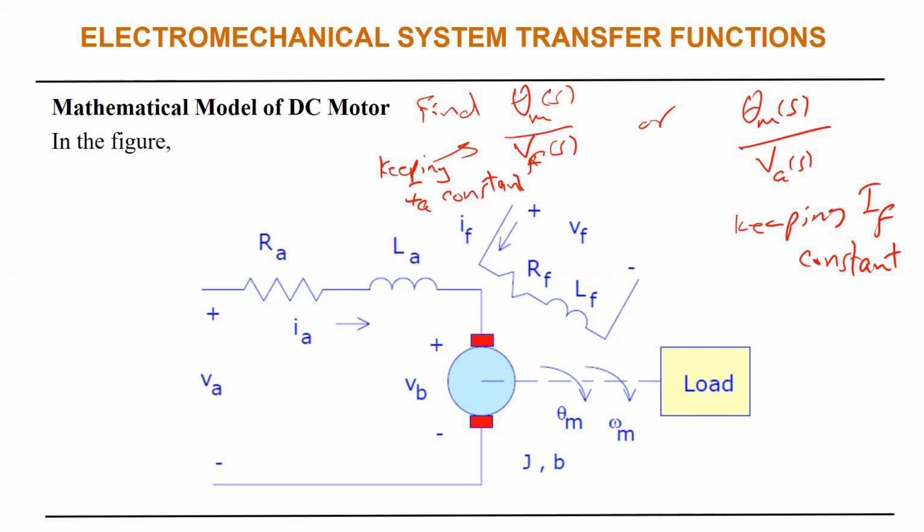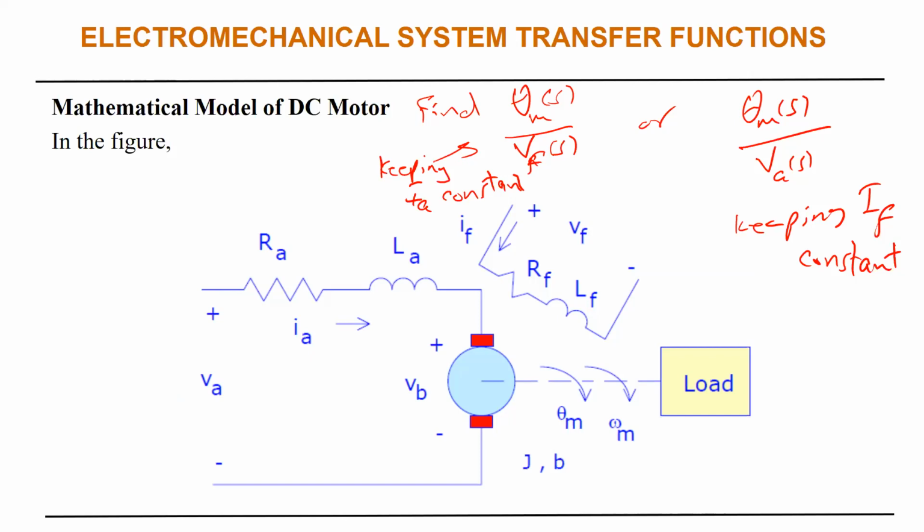If we keep the armature current constant, we call this device a field controlled DC motor, because I'm controlling the DC motor from the field side. While if I keep IF constant, I will be controlling the system from the armature, and I will call it an armature controlled DC motor.